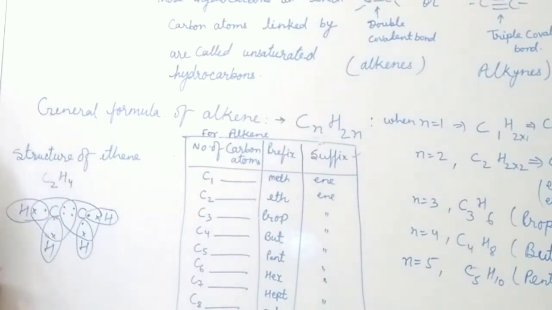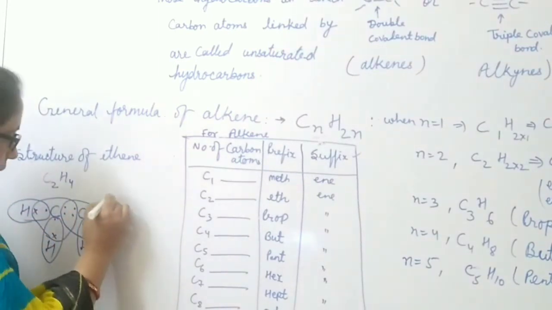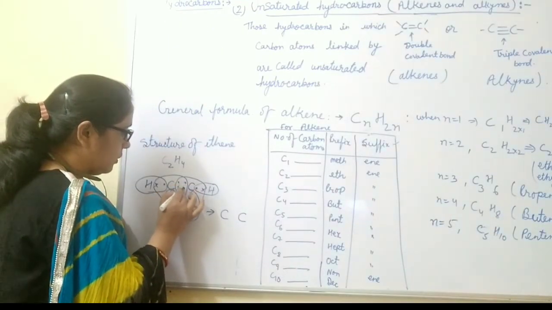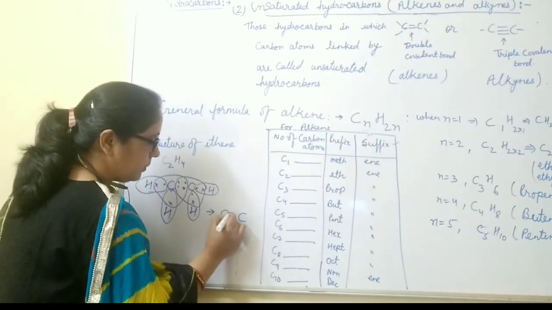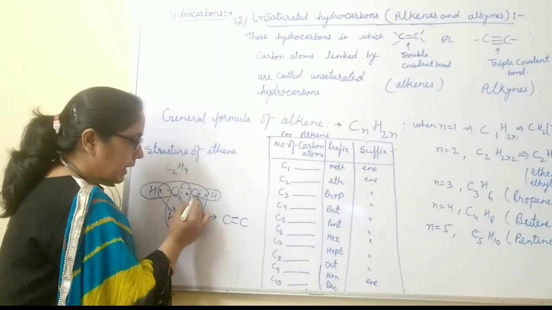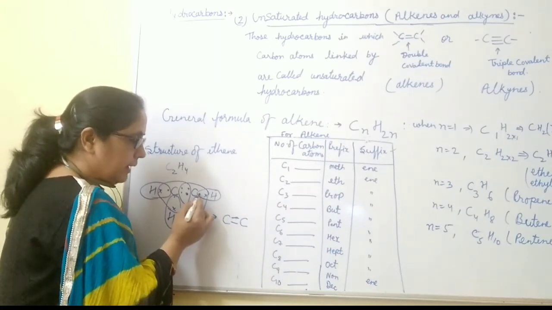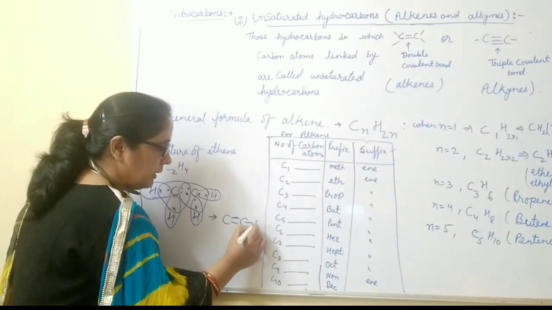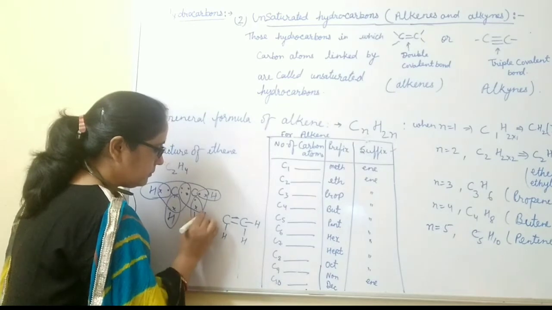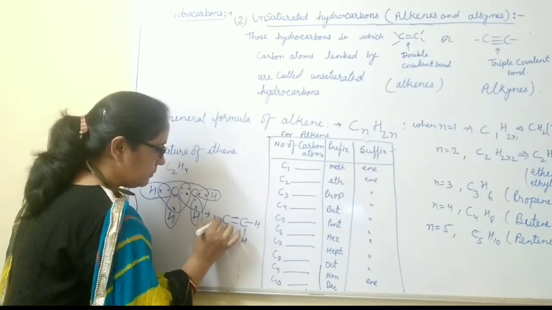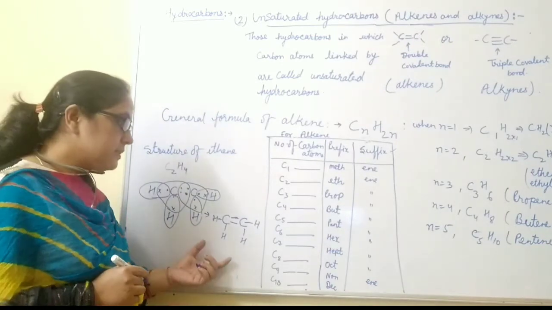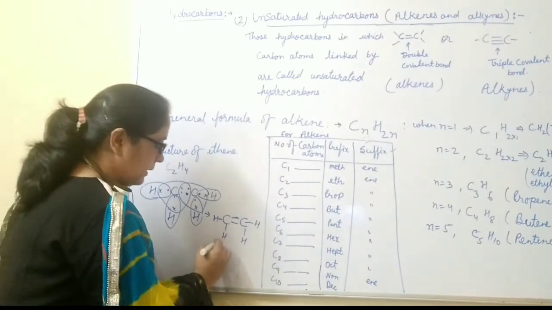In this way, we have the structure of ethene. 2 carbon atoms share their 2 pairs of electrons, therefore they form a double bond between the 2 carbon atoms, and carbon and hydrogen share one electron, so they form a single covalent bond. And in this way the structure of ethene is like this.